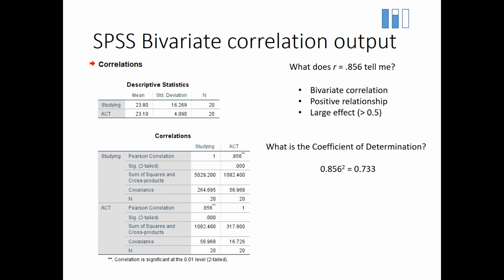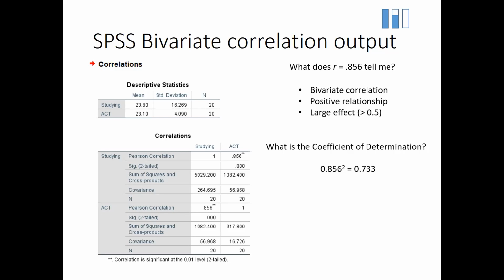We're human. That's the beauty of statistics and the bane of statistics, unfortunately. It is never perfect. So what we have to do is square my R value, and it is an estimate of essentially how much predictive power studying has on the ACT score.